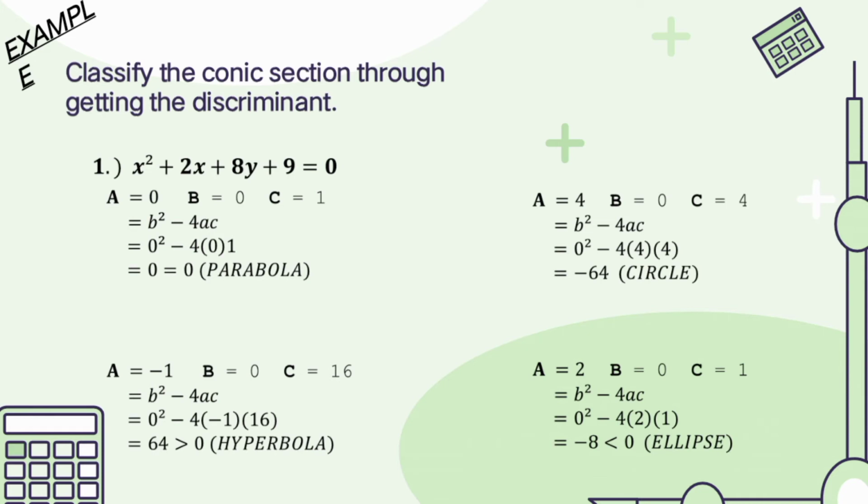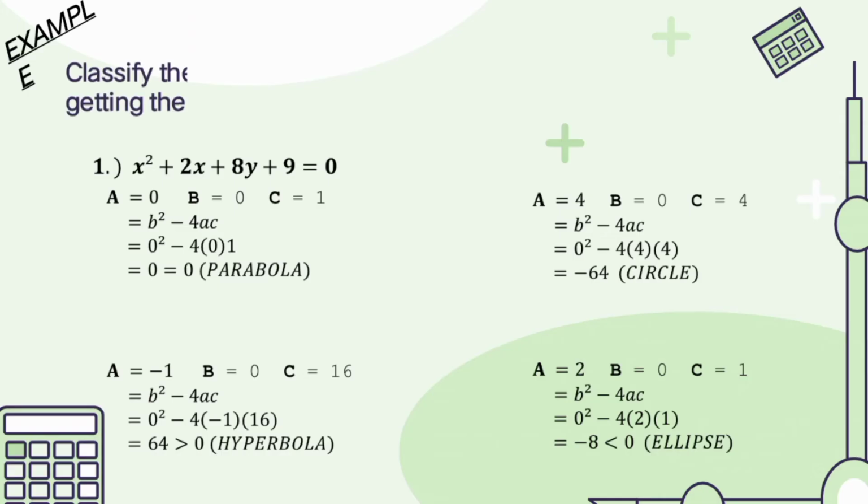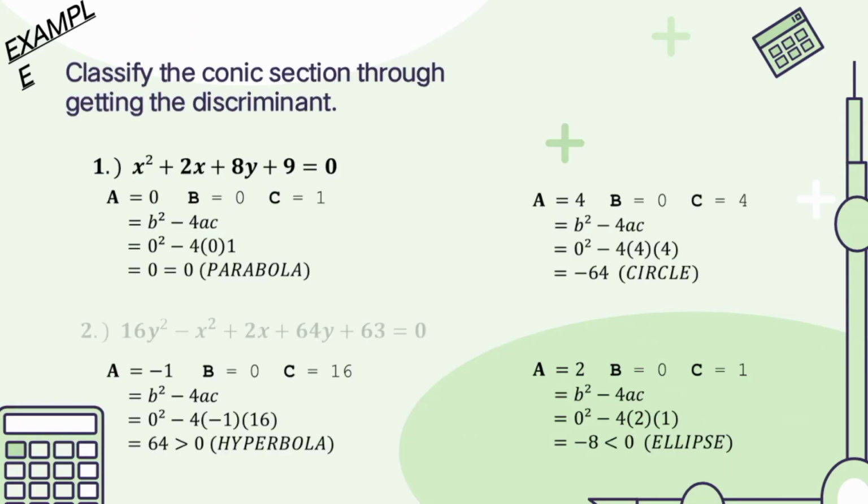Next, the next equation: 16y squared minus x squared plus 2x plus 64y plus 63 is equal to 0. By using the discriminant formula and substituting the values of A, B, C, since we don't have B, we get 0 minus 4 times A times C, where A is equal to -1 and C is 16.